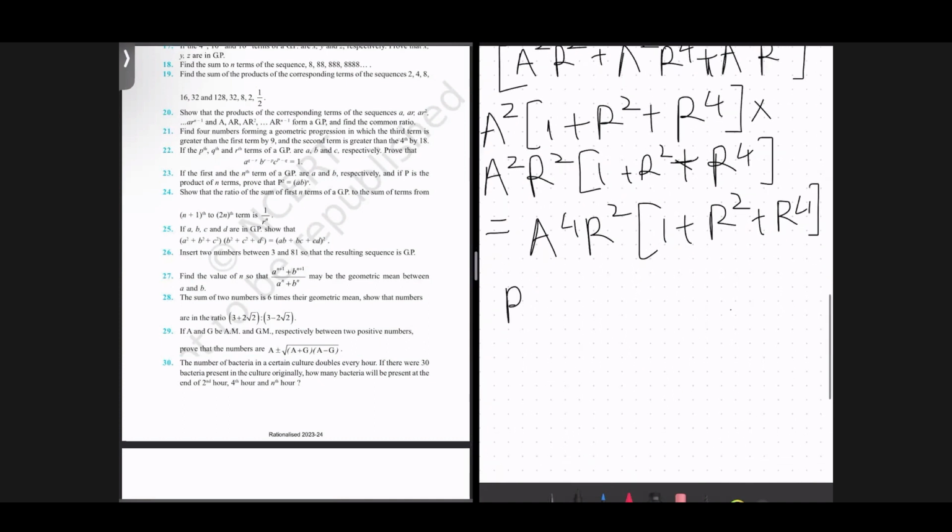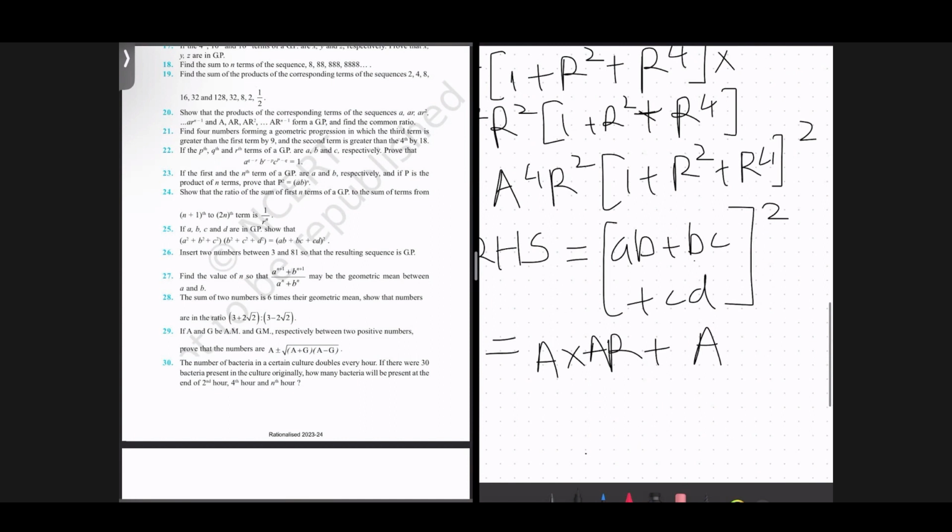Similarly, when you solve it for RHS, the RHS is going to be (AB plus BC plus CD) whole square, right? What is A into B? A into B is A into AR, plus what is B into C?